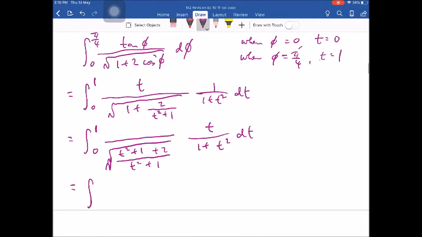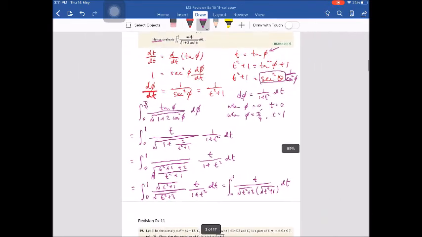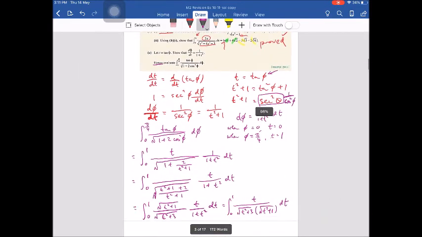Now I know that the integral from 0 to 1 of t squared plus 1 over t squared plus 3, times t over t squared plus 1, dt. This one and this one cancel out, so it is t over t squared plus 3 dt.